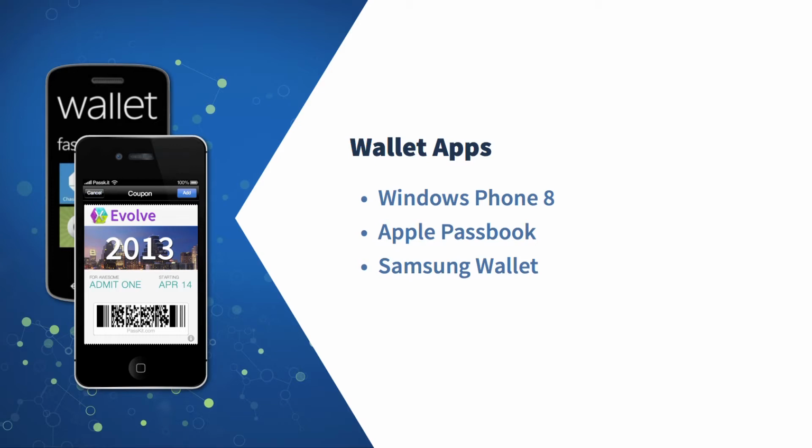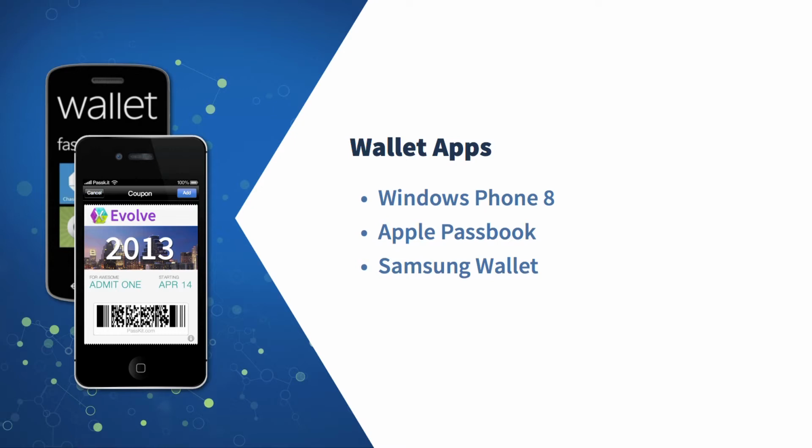But the other thing that's happened is this evolution of the idea of a wallet. So I don't think anyone doesn't carry a wallet with them at this point yet. Maybe some people do. But all the different mobile platforms now seem to have a concept of this wallet. Apple kind of kicked things off with their Passbook. Windows Phone 8 now has a wallet, and Samsung has also announced a wallet as well.